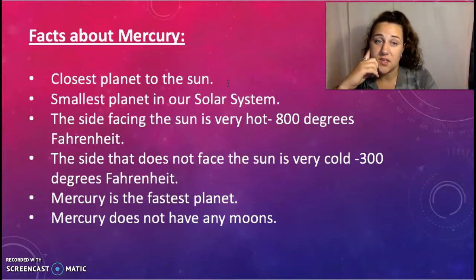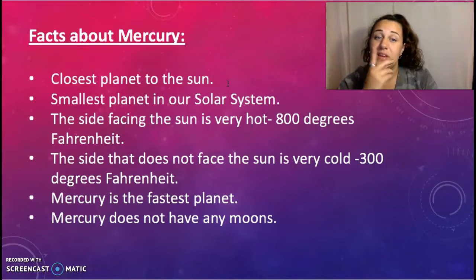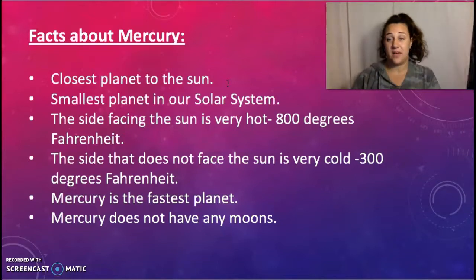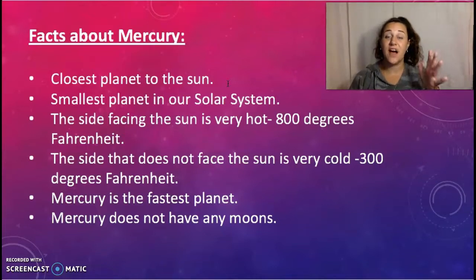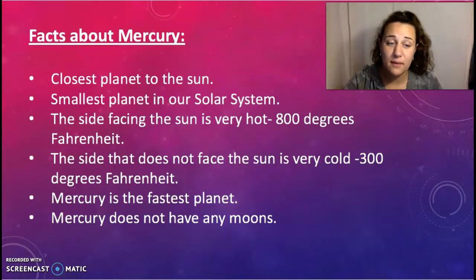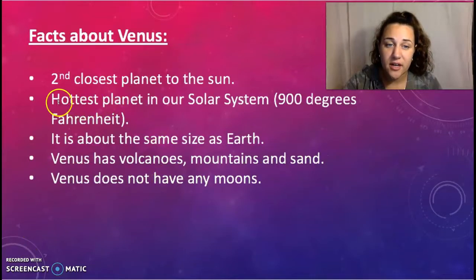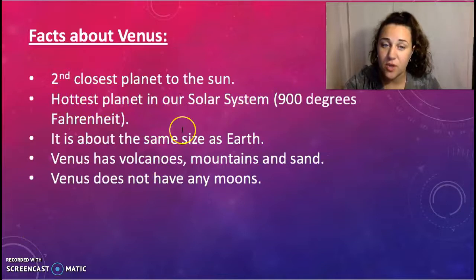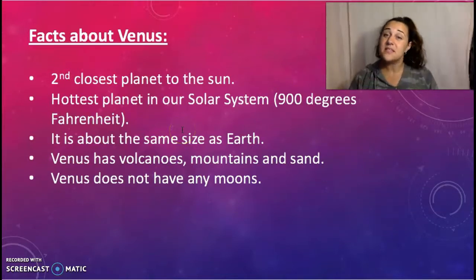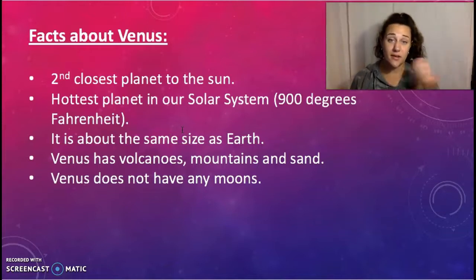Okay, that's a fact. It is a very hot planet, right? The side that faces the sun gets very hot. Well, wait a minute. I remember seeing here that it's the hottest planet in our solar system. So wait a minute. I found something that's similar, friends. They're both really hot planets. Okay, good to know.